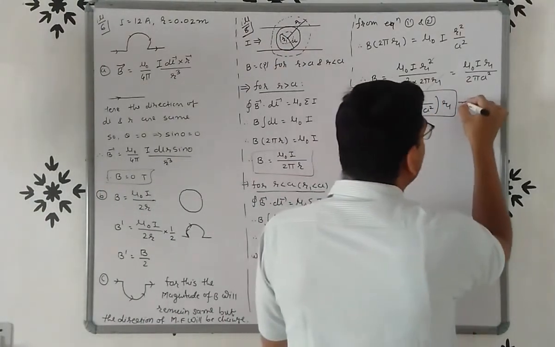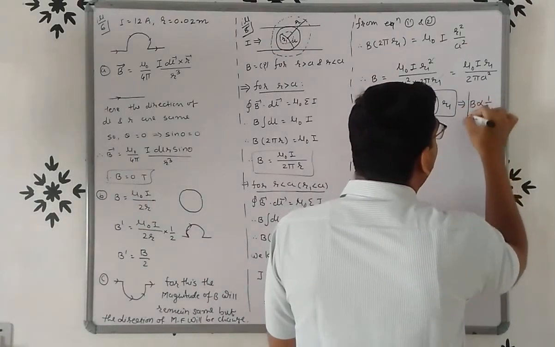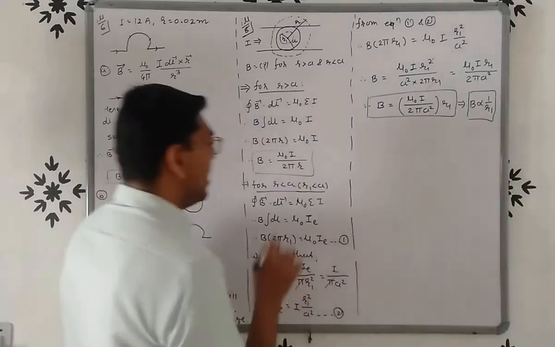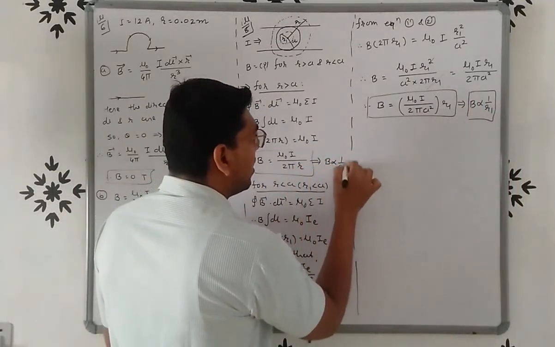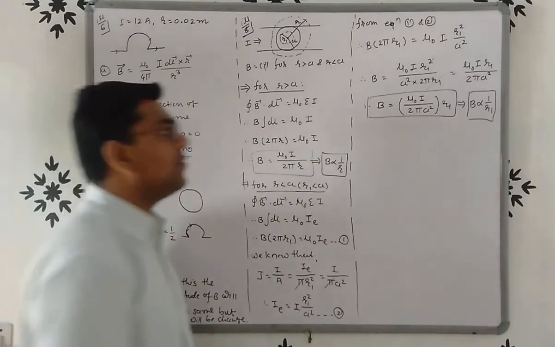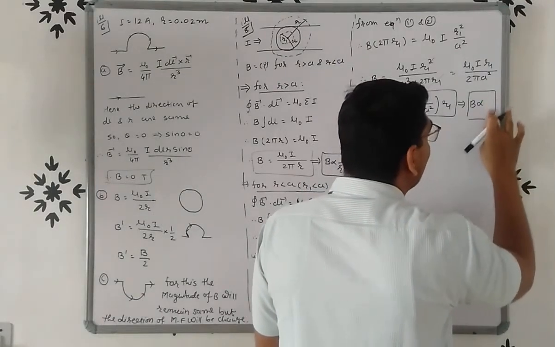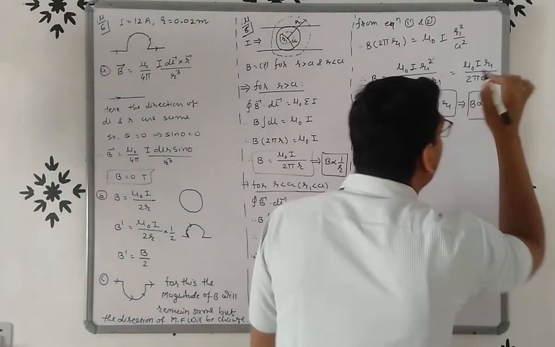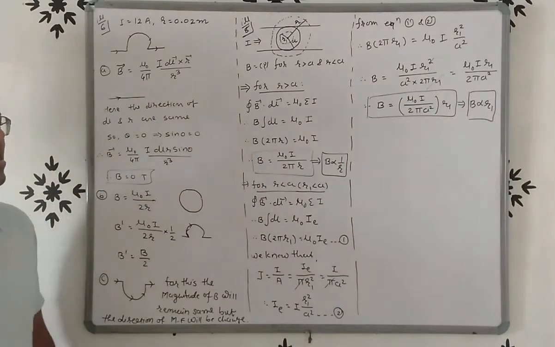So here we can say that B is inversely proportional to R1, right? Sorry friends, here we can write B proportional to R1 because R1 is in the numerator, right? So B proportional to R1, right?